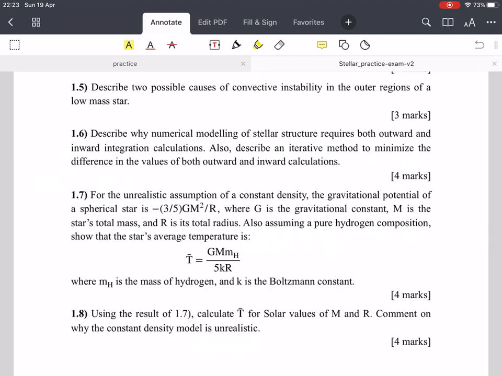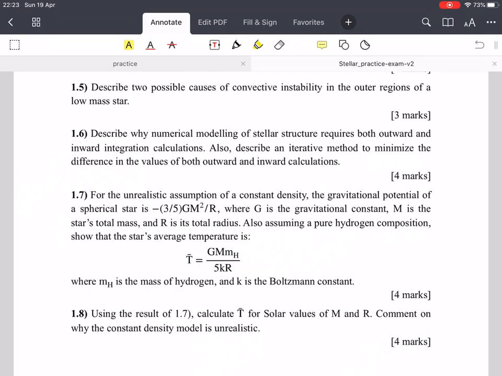So I'm going to choose 3 from section A to go over. And in fact, I needed to make a small correction to 1.7, and I'll go over that now. And then we'll look at 1.8 and 1.6.